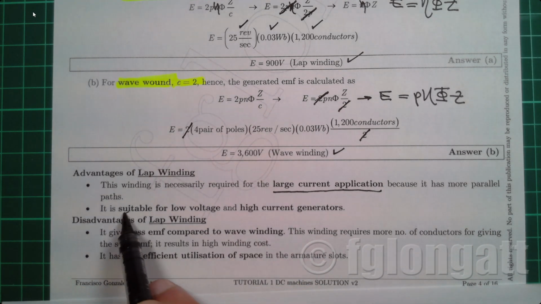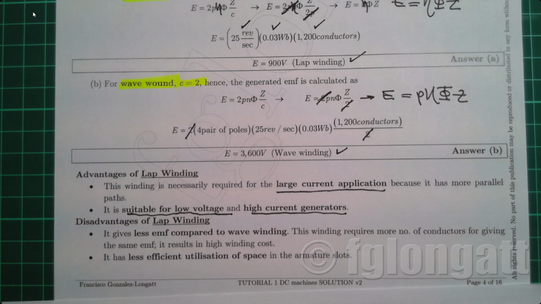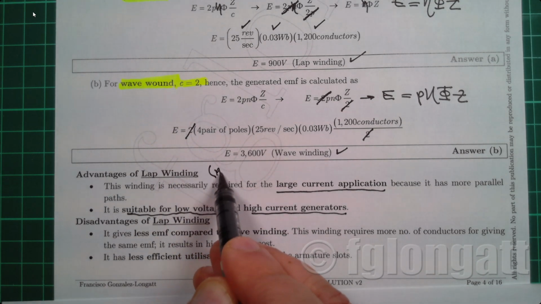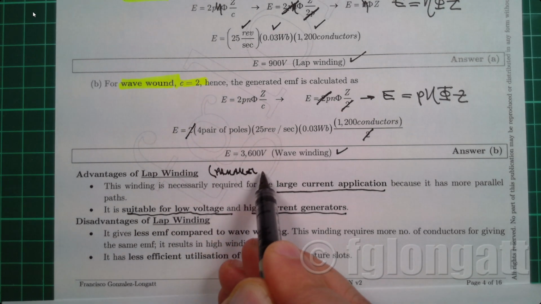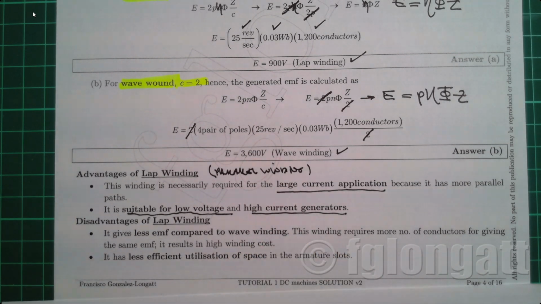This winding is suitable especially for high current generators and suitable for low voltage application. Because you must remember the lap winding is also called the parallel winding, because the coils are connected in parallel to each other, and that allows larger currents to be used.